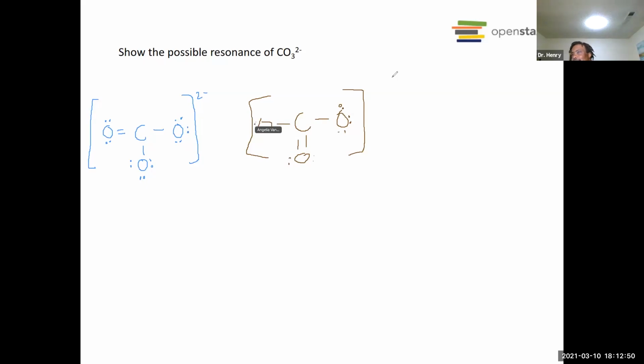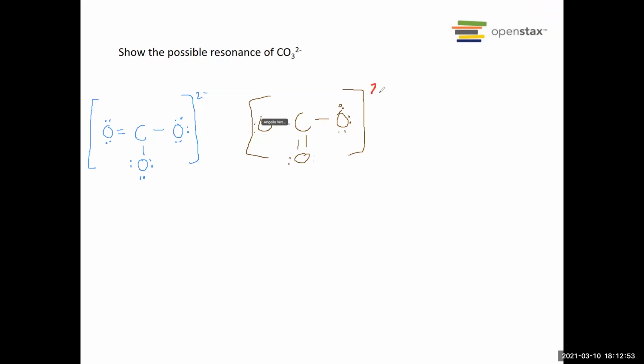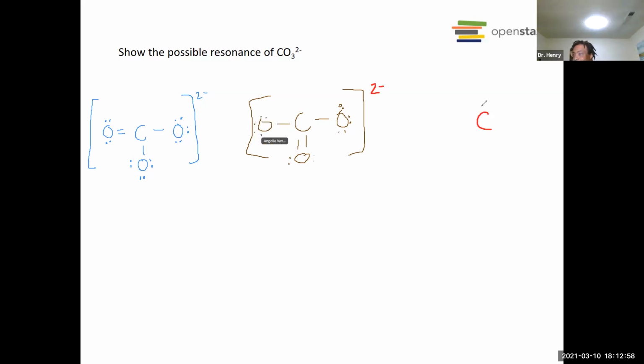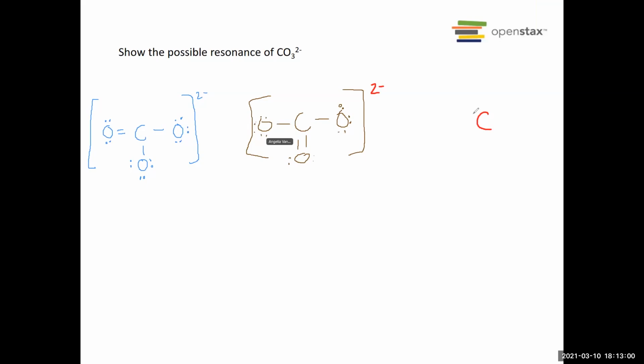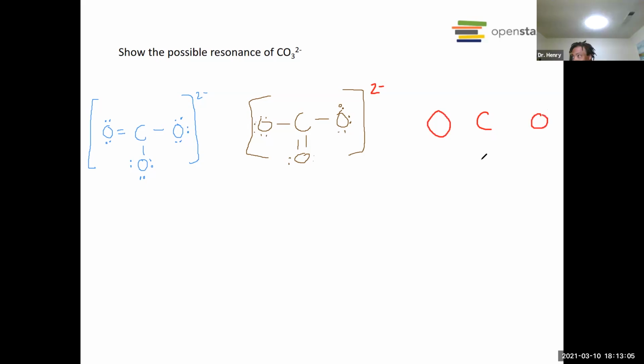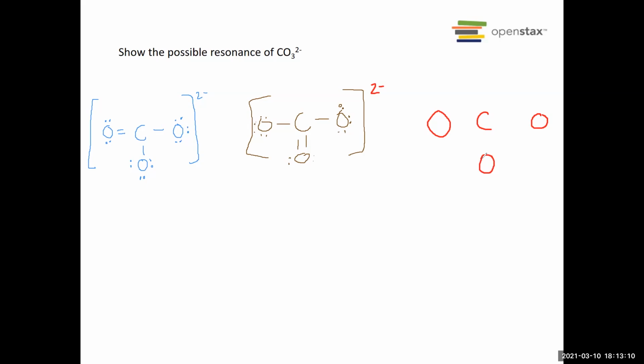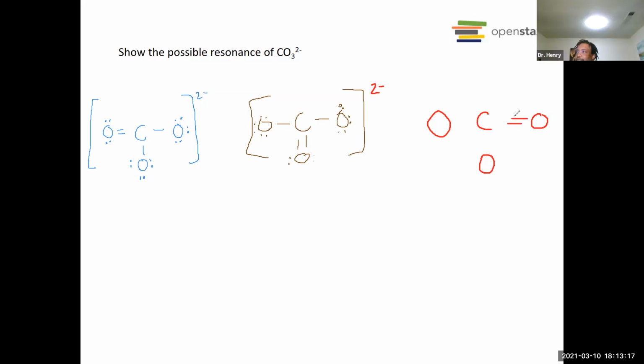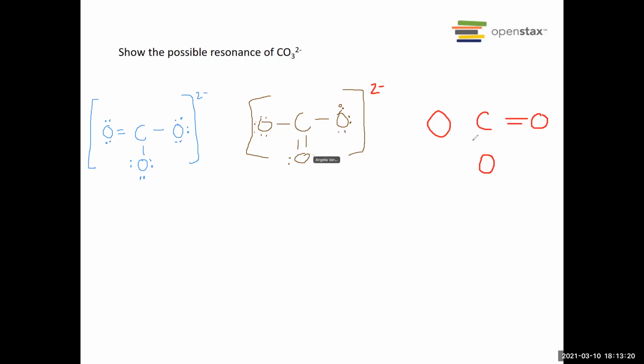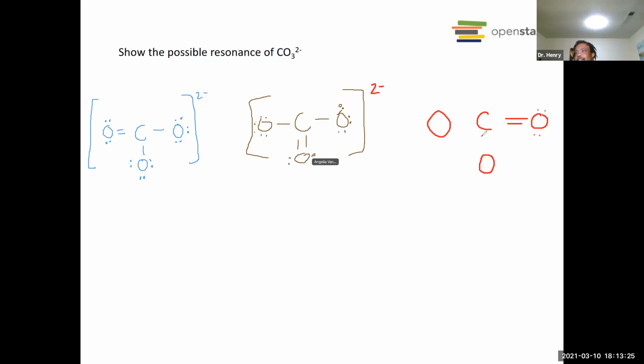Okay, let's go. So carbon is in the middle. Then 3 oxygens around it. The oxygen on the right hand side has a double bond with the carbon, and it has 2 pairs of non-bonding electrons.